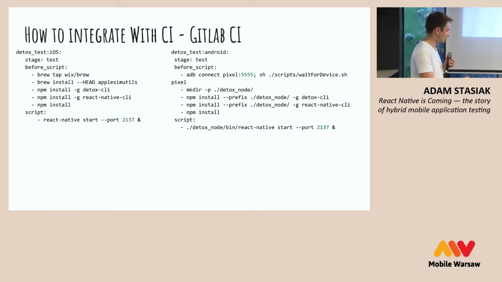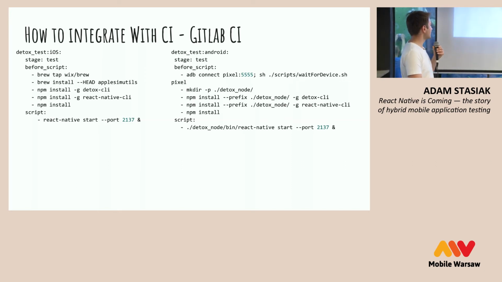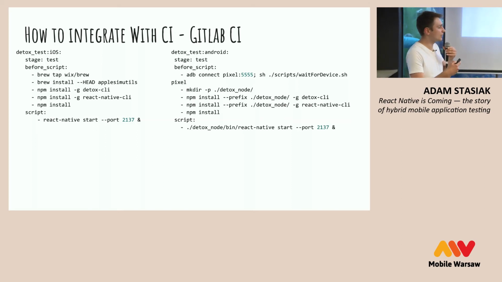Next, we'll jump to script. Inside, we have to launch the React Native Packager. Packager is a tool for injecting JS code, the JS bundle, inside the native application. You can see that we use an ampersand to move this process to the background. That's because without this ampersand, we will wait forever, and we will not succeed with our job. GitLab will wait on this command and never finish.